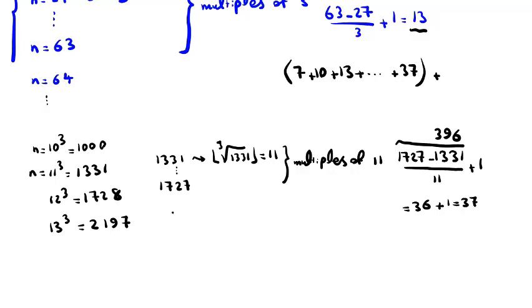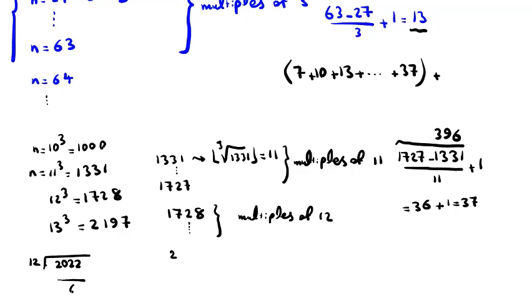Now, from this one to this one, 12 cubed is 1728, until we can't have these numbers. So we should see what's the nearest number to 2022, and we should calculate what multiples of 12 here. So if you check 2020, the remainder when divided by 12 will be 6.